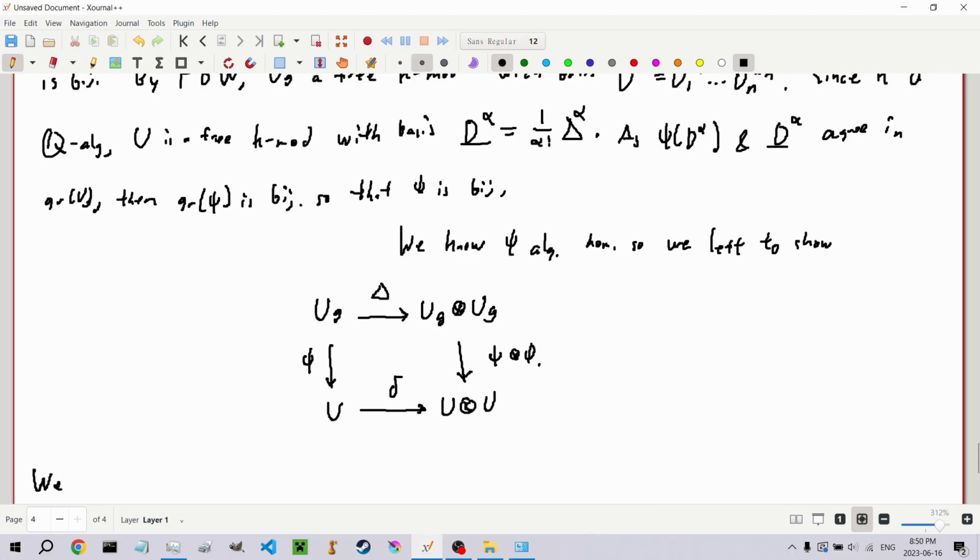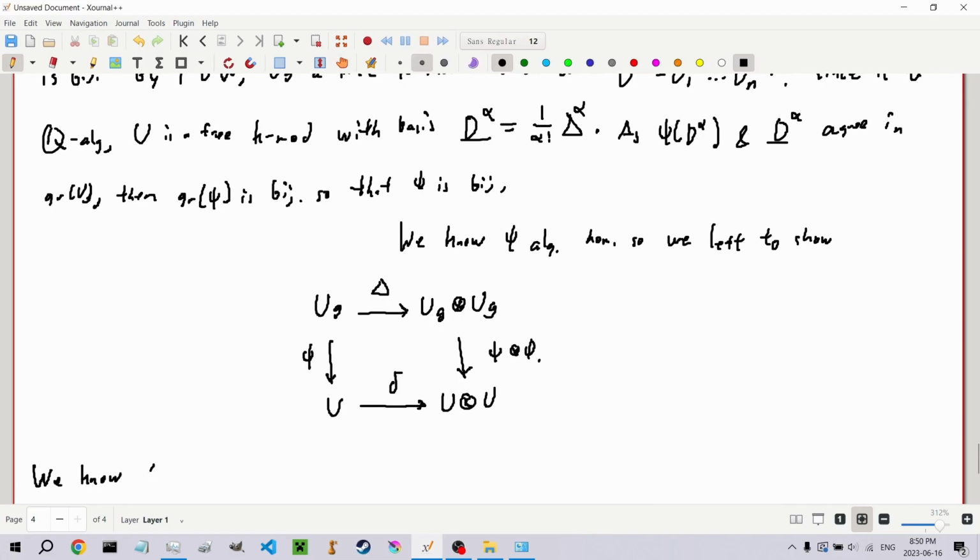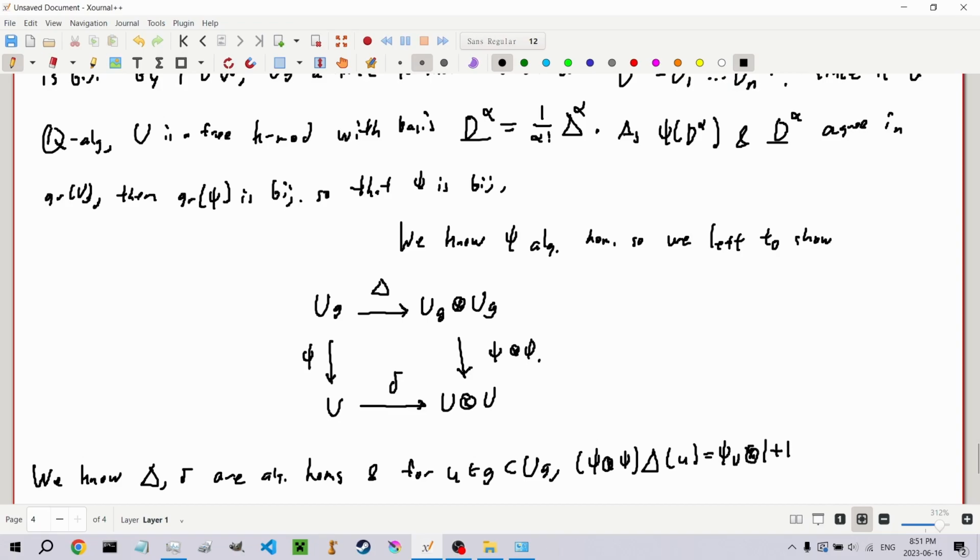Now we know that both deltas are algebra homomorphisms, and that for u in G as a subset of UG, psi of delta of u is just psi of u tensor 1 plus 1 tensor psi of u, which is just our delta on psi of u.